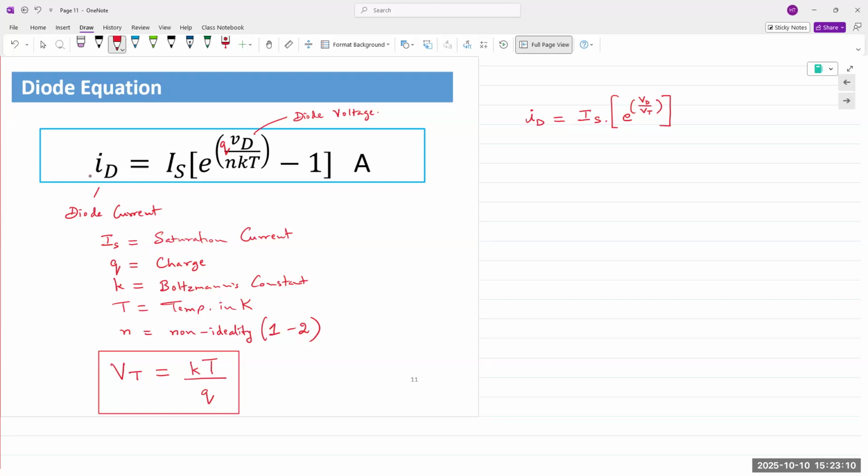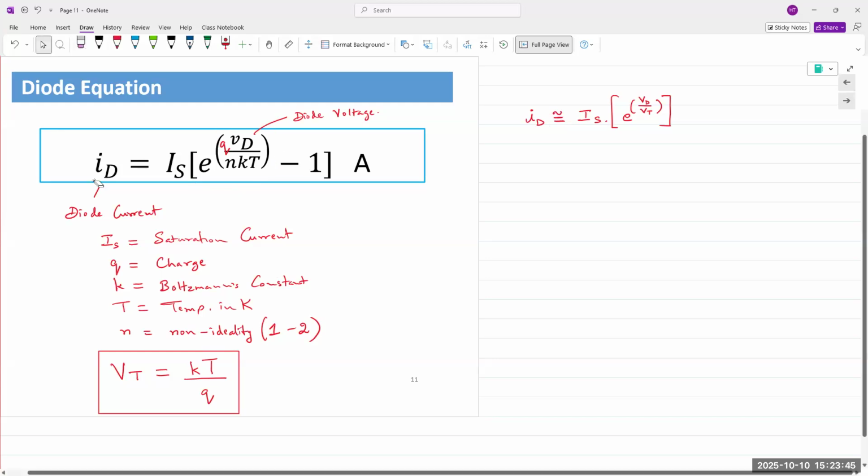Diode current ID is directly proportional to the exponent E raised to VD. So good question. What about that minus 1? For most cases, this term right here will be far larger than 1, and we can ignore that 1. Not if you want the most accurate answers, we will not ignore it. But if you want an approximation, then let me put that approximation sign. So it's approximately equal to IS times E raised to VD over VT.